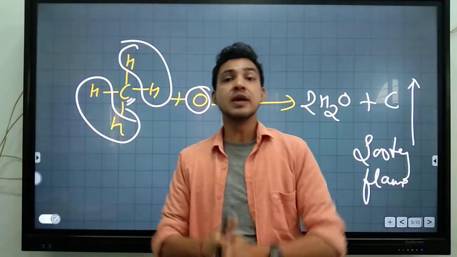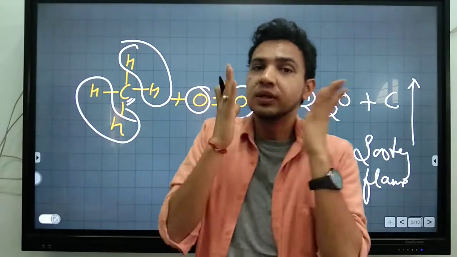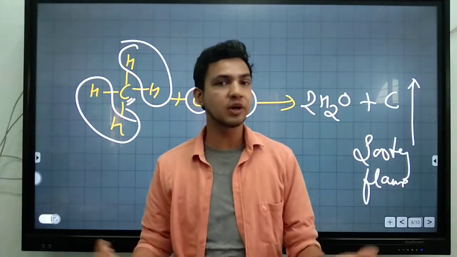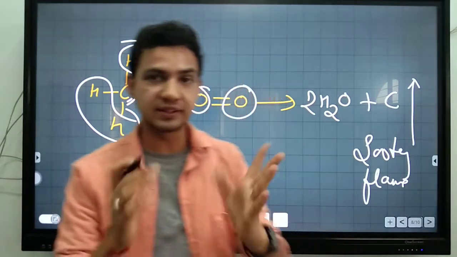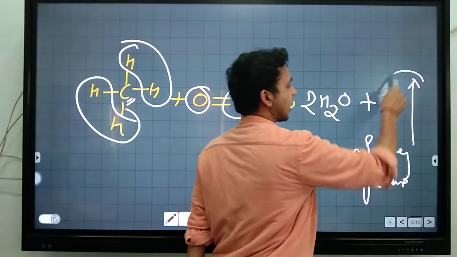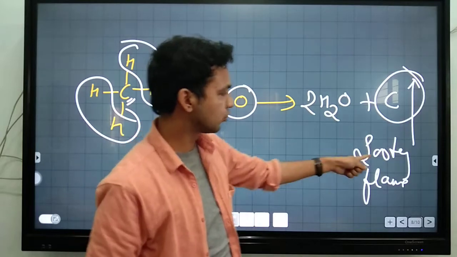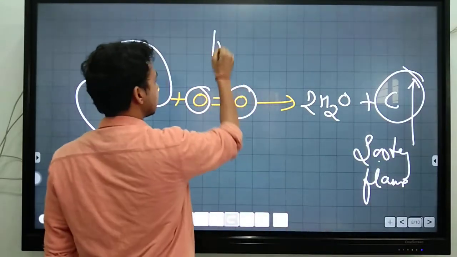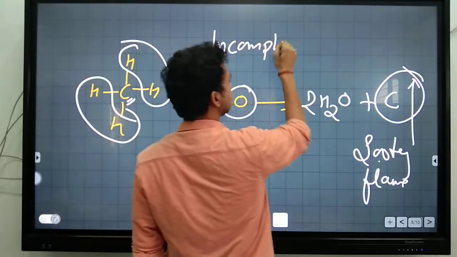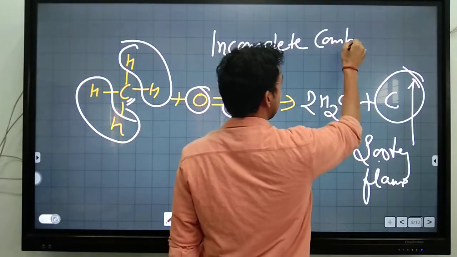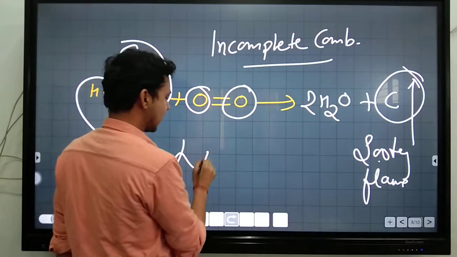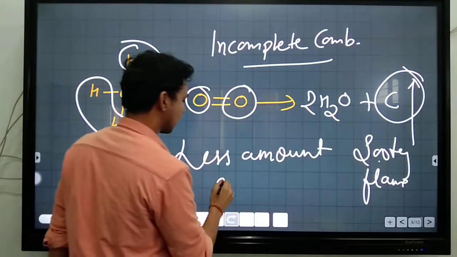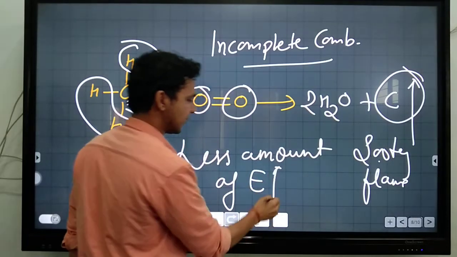So that's why if a sufficient amount of oxygen is not available for the burning process, a large amount of carbon comes outside by producing a black-colored sooty flame. Such a type of combustion is known as incomplete combustion, and in this process a very small amount of heat is produced, and less energy is liberated.